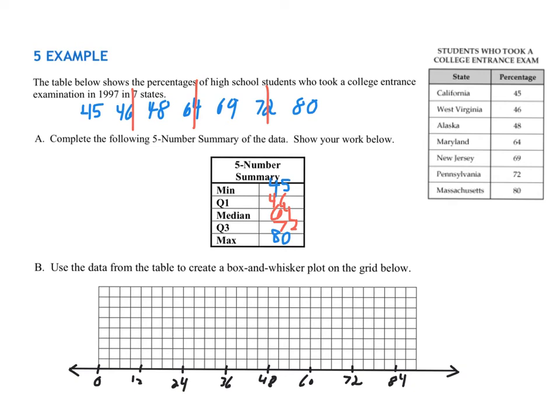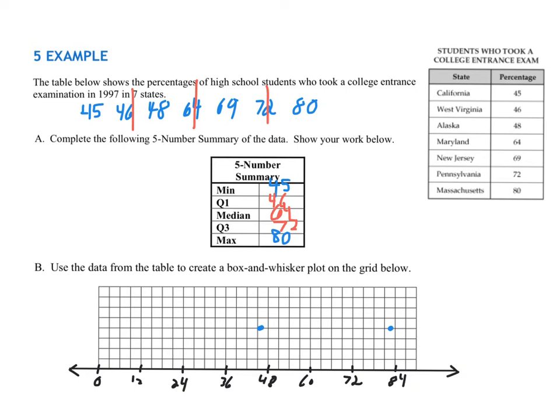So the first thing is I'm going to make my dots for the min and max. 45, and 80, then I'll go back and make the lines.